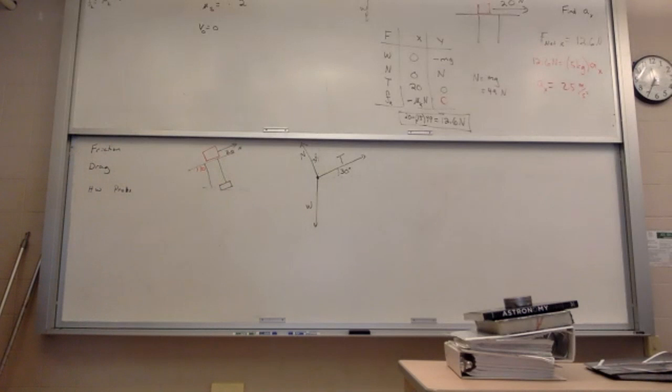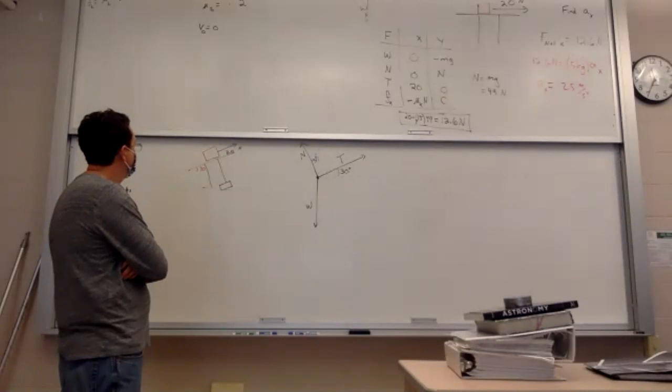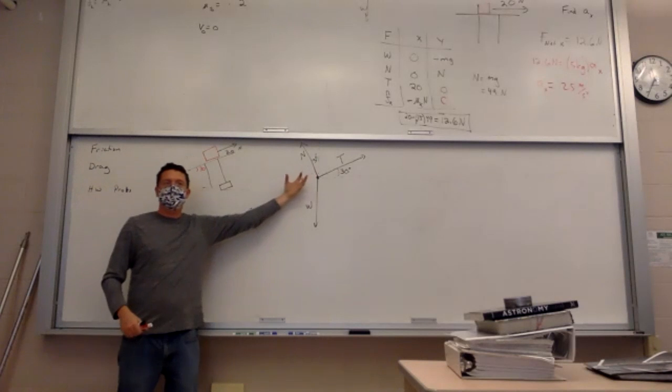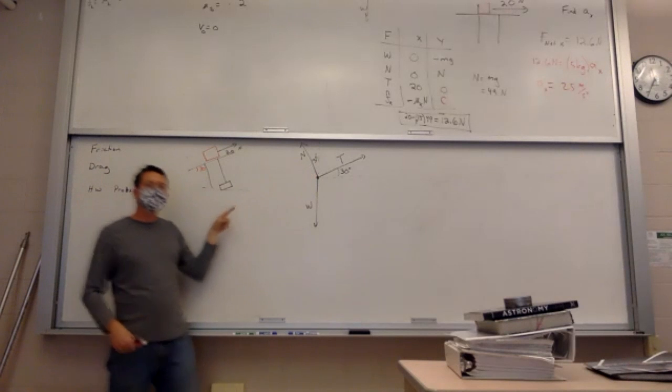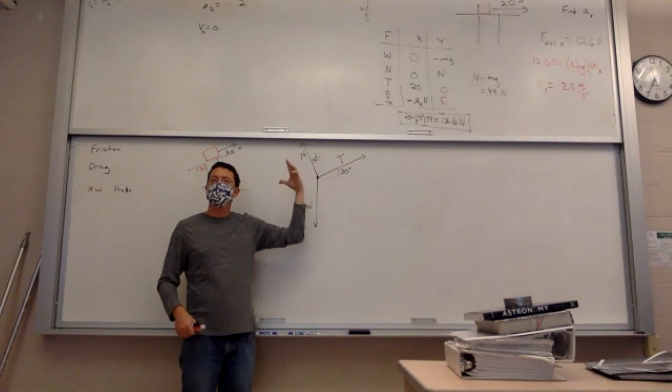Okay. And what about friction? Well, we don't know. Let me think about this for a second. Gravity is going to effectively pull it down the ramp. The tension is going to pull it up the ramp. And we don't know about the static friction.